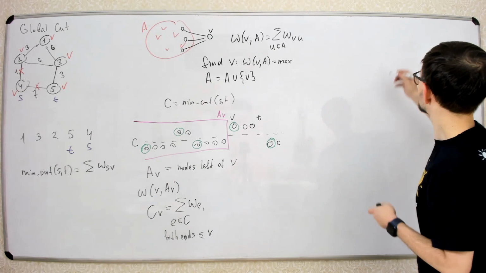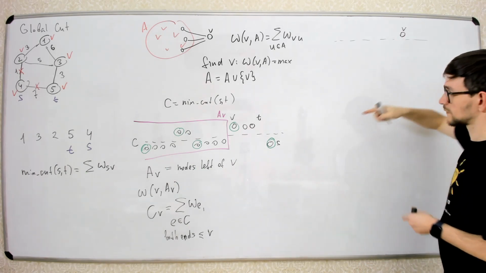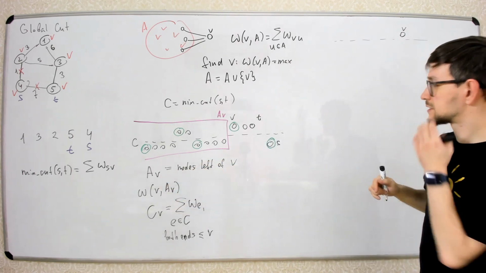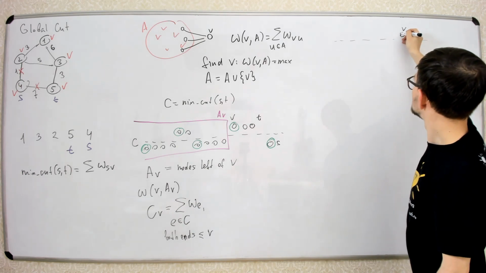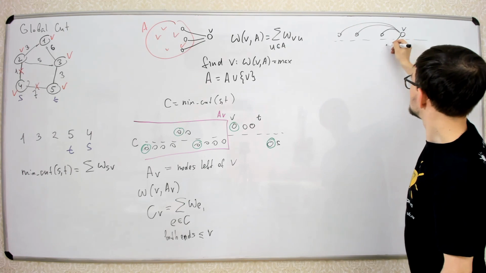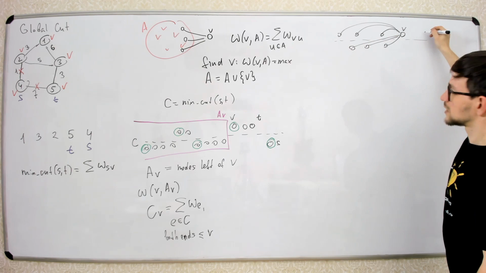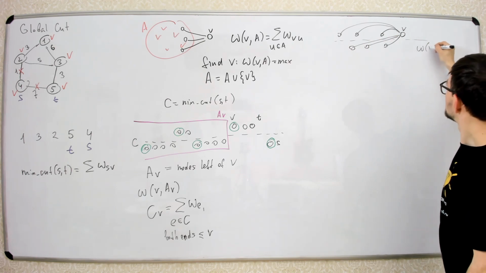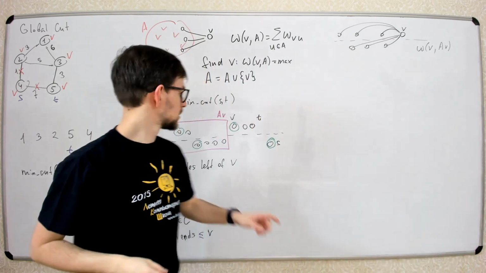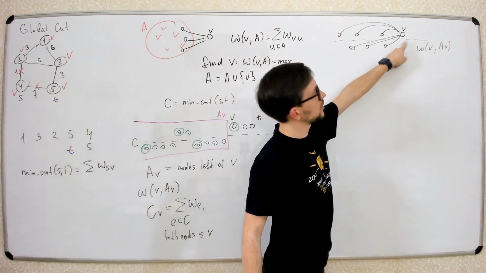Let me draw some picture here. I have this node V. This first thing is the sum of everything connected to V. We have edges like this, and we have edges like this. So this is the weight of everything from V to A. This is the total weight of all edges from V to everything to the left.